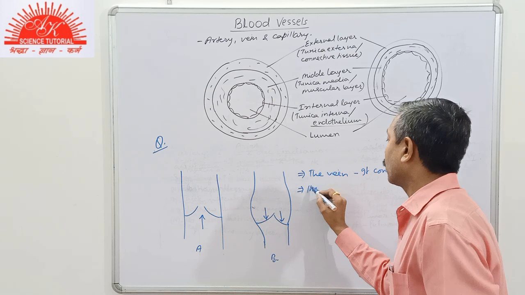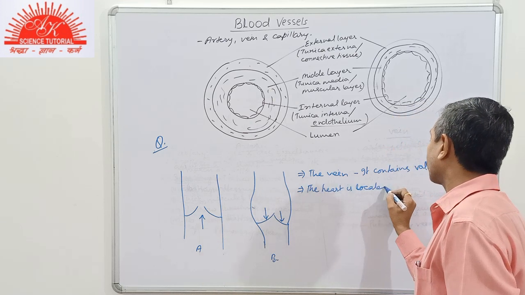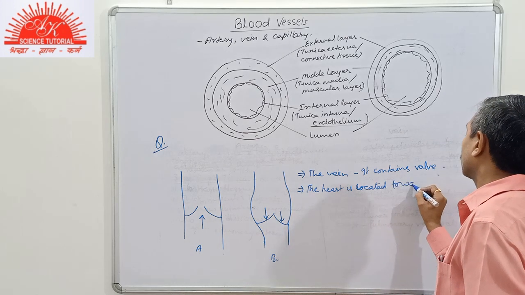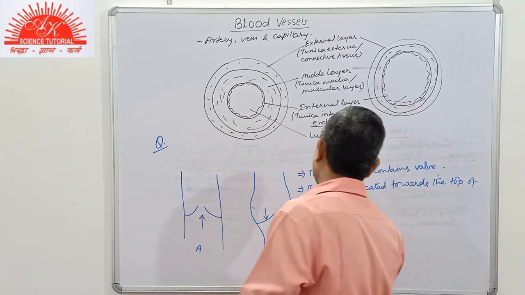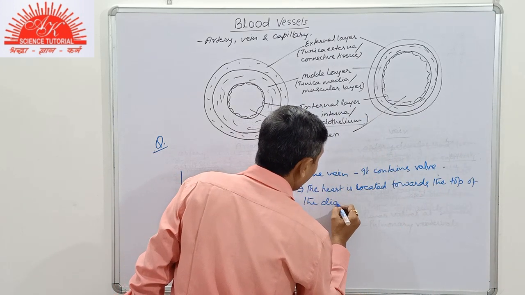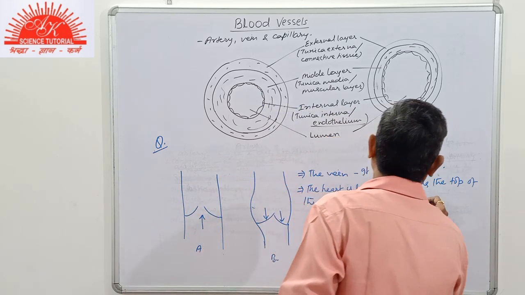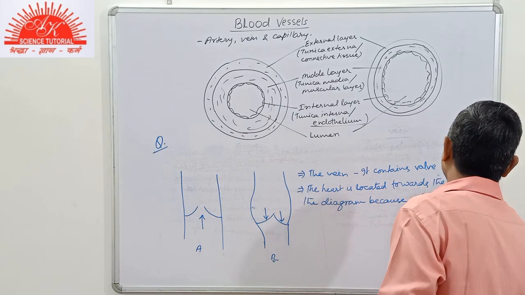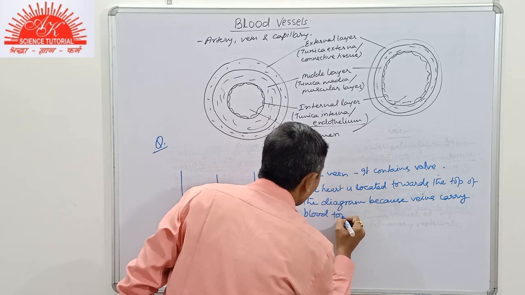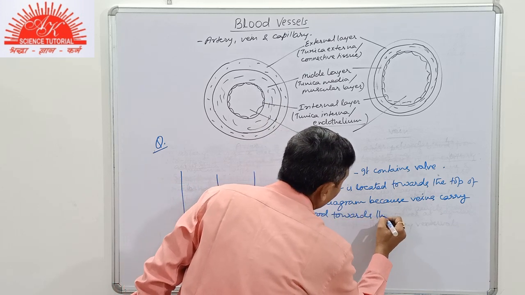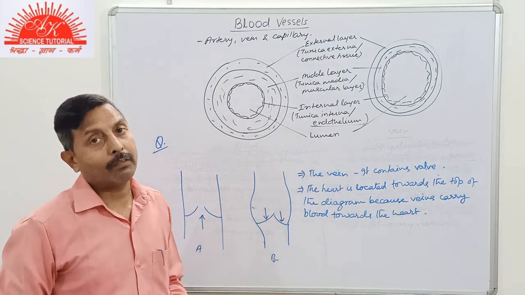So the heart is located towards the top of the diagram, because veins carry blood towards the heart. So this type of diagram-based question is always asked.